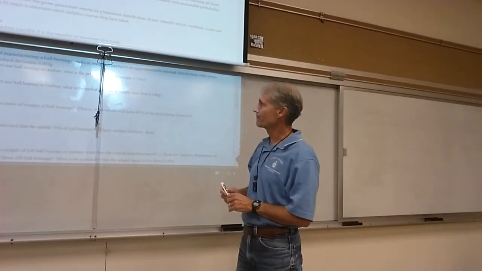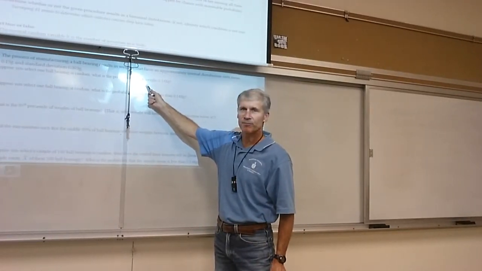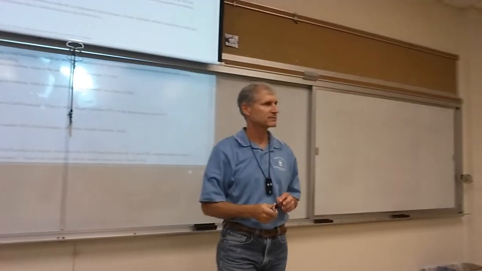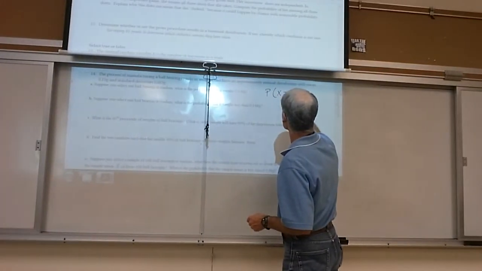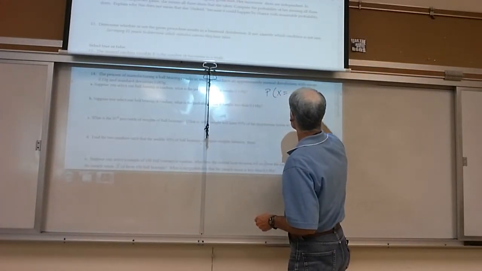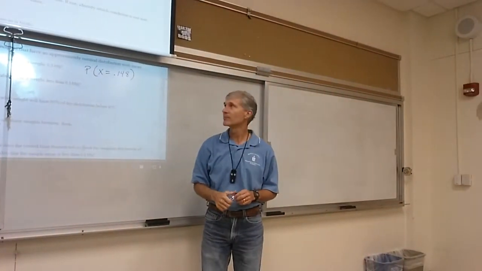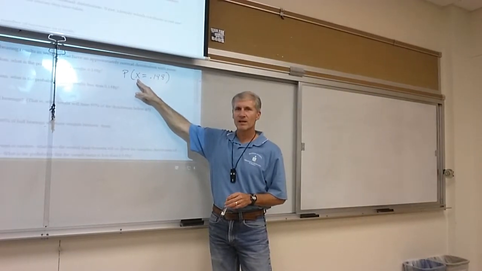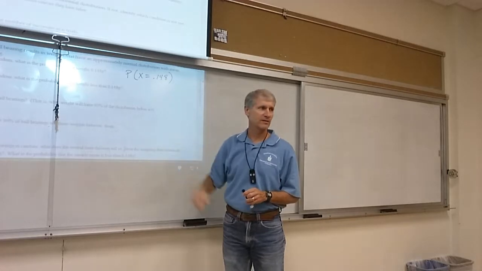Suppose you select one ball bearing at random. What is the probability that it weighs 0.148? So probability, I like to write out what it's asking me in symbols. It helps me figure out what I'm going to be entering into my calculator. Probability that a randomly selected ball bearing is equal to 0.148.